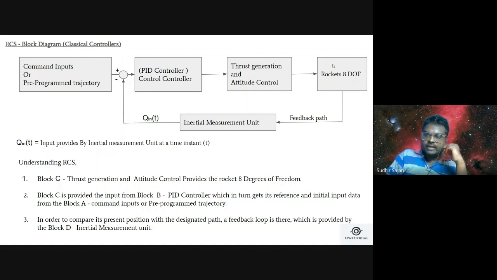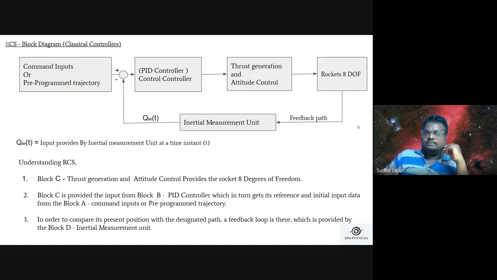That new degrees of freedom is again taken by the inertial measurement unit, and those readings are provided here again, checked against the pre-programmed trajectory, and once again the PID controller takes a decision. This happens throughout the journey of the rocket. This is how the controller controls the rocket, maintaining autonomous stability and control.